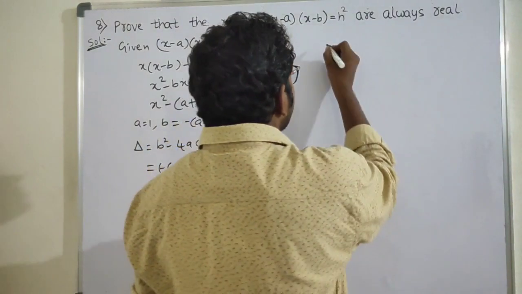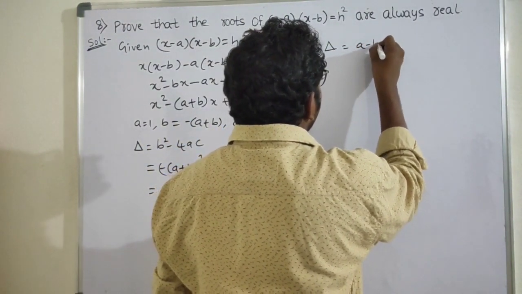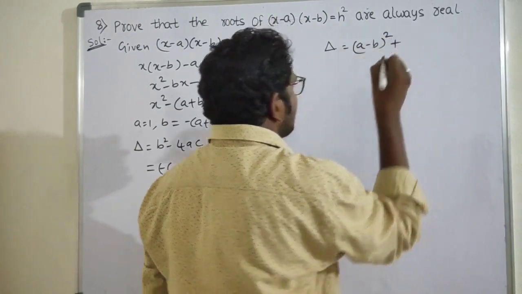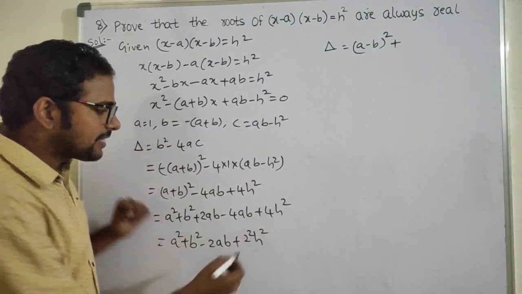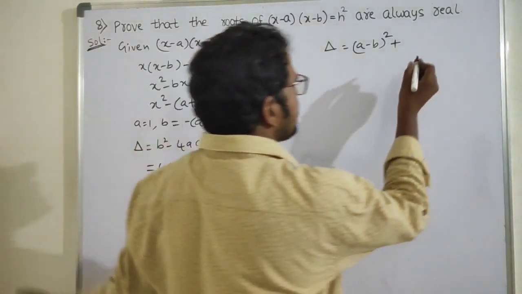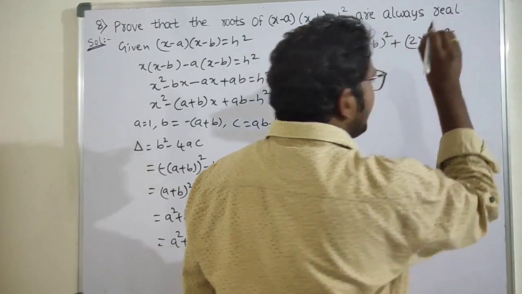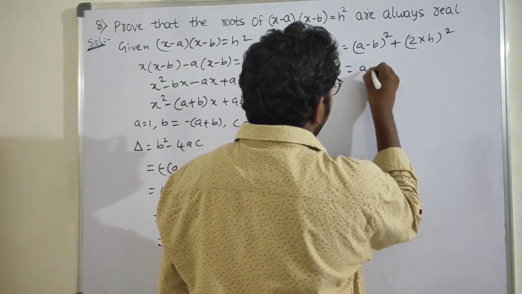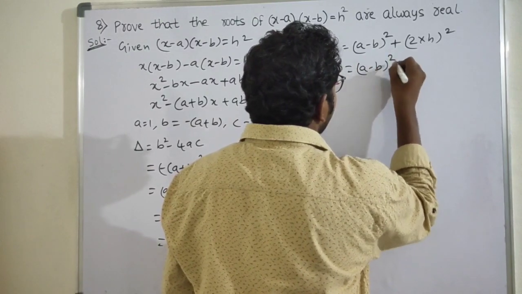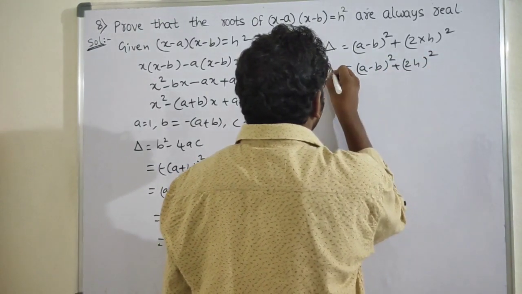So delta equals (a minus b) whole square plus 2 square into h square, power is same, so we can write this as (2h) whole square. So delta equals (a minus b) whole square plus (2h) whole square. This is the delta value.